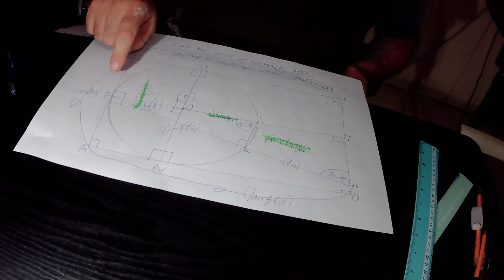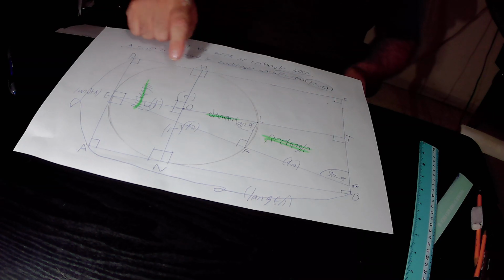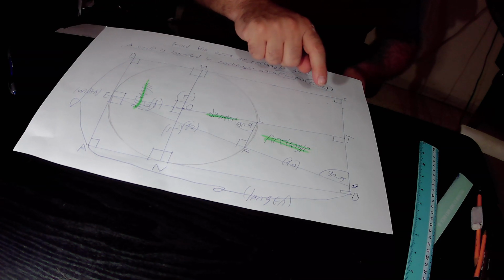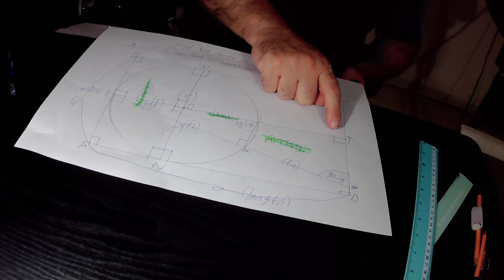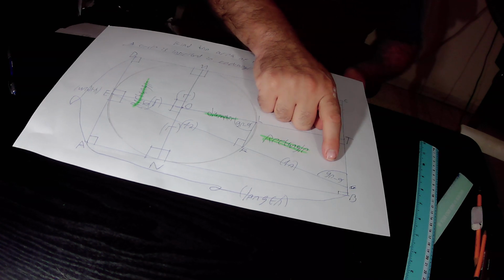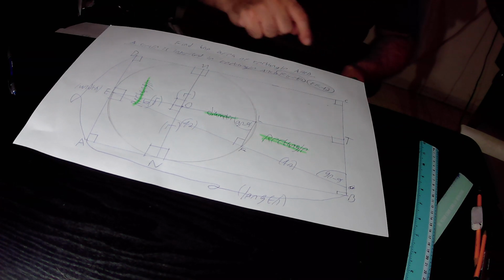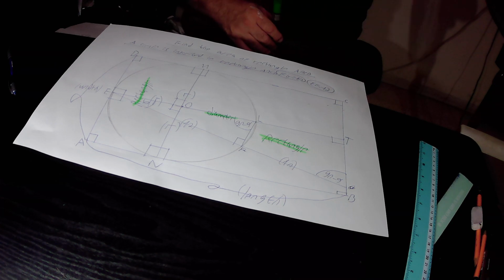Likewise, in the big right triangle ETG, this angle equals alpha, this angle equals 90 degrees, and therefore this missing angle must be equal to 90 degrees minus alpha, for the same reason.